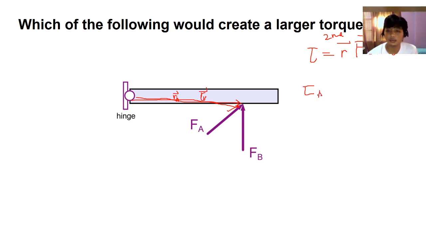So let's do the magnitude of position vector A, magnitude of force A, and this is where both forces differ, the short angle between R and F. Let's figure out what the short angle is.